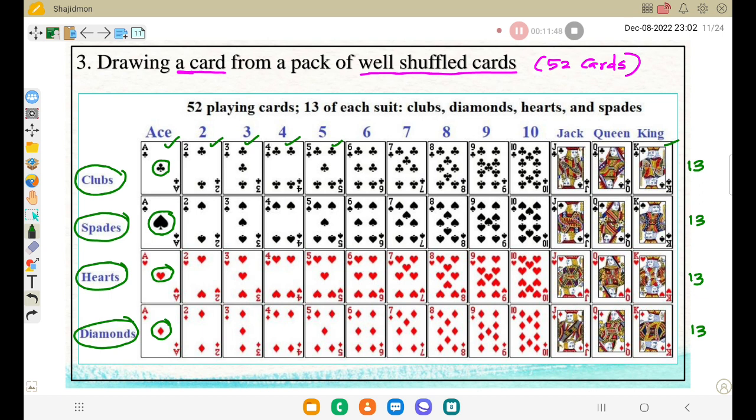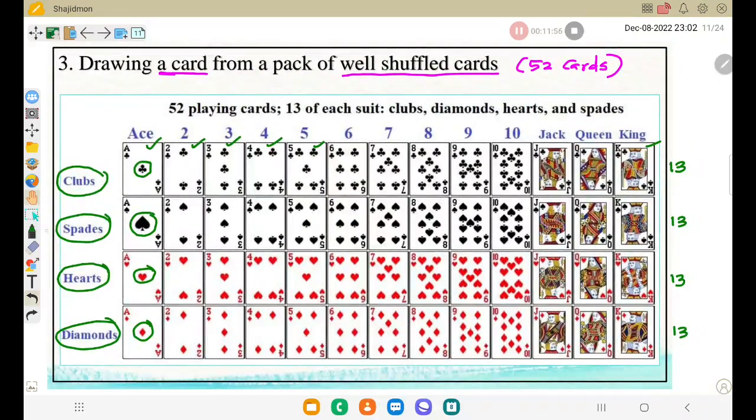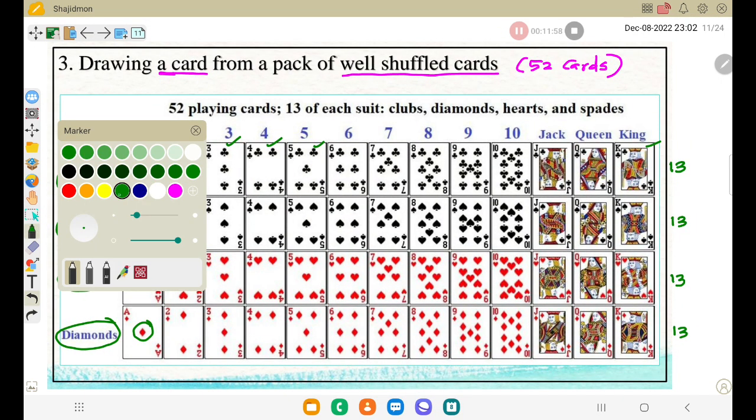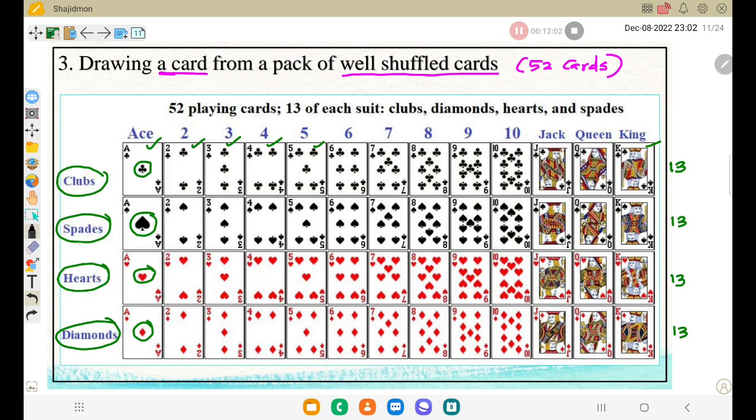Now out of these 4 types of card, 2 types of cards are black color, correct? And the other 2 types of cards are red color. So you can see what are the black type cards and what are the red color cards. Club card and spade card, that is black color, correct? So 13 plus 13, 26 cards are black cards.